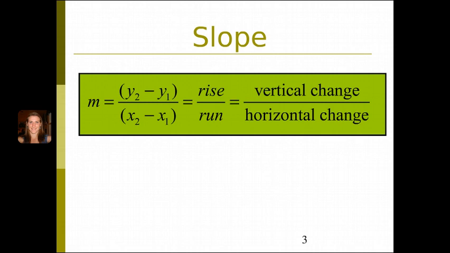Another way of saying this formula is rise over run, or the vertical change divided by the horizontal change. An example of finding slope given 2 points will be shown on the next slide.